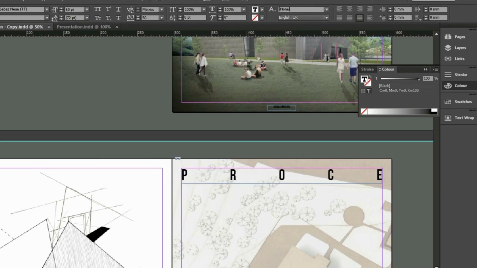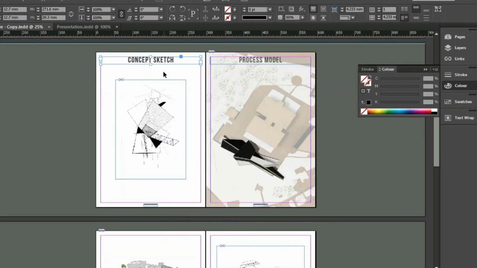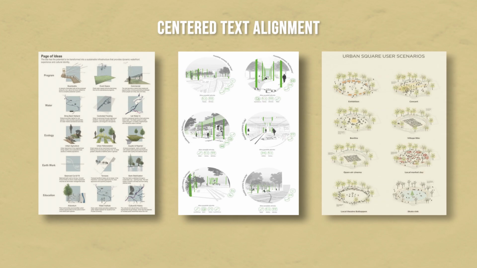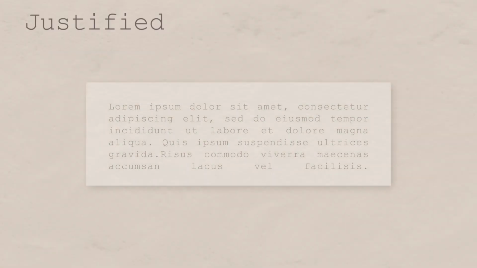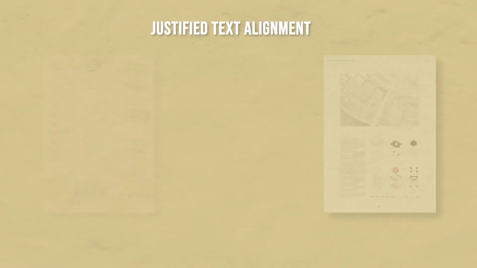Alignment is at the core of how we place text on our board, and every alignment has its own character to it. So centered alignment is very formal, symmetrical, and almost static. Justified is an extremely economical alignment as it saves space and it makes a wonderful solid block.